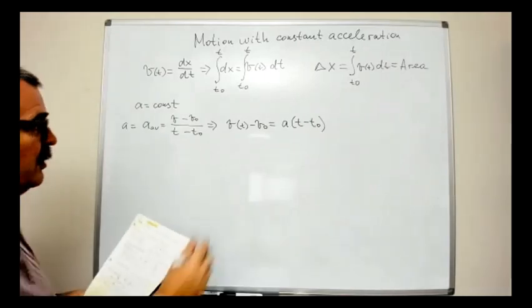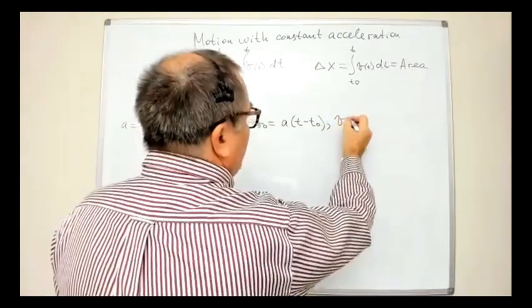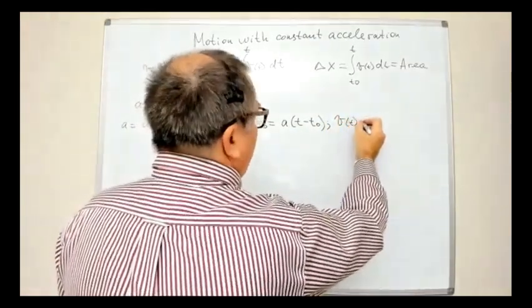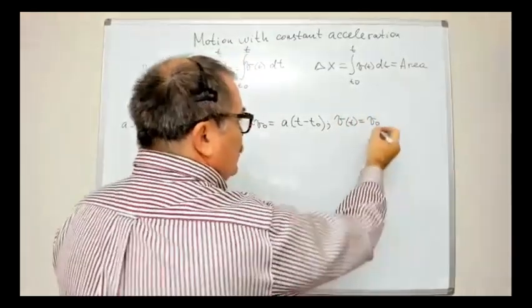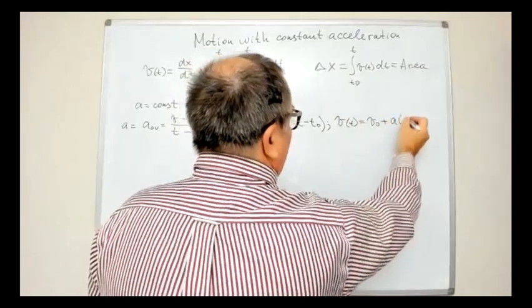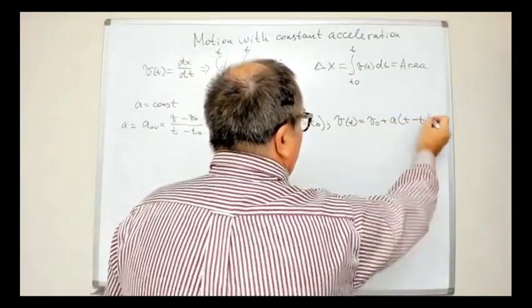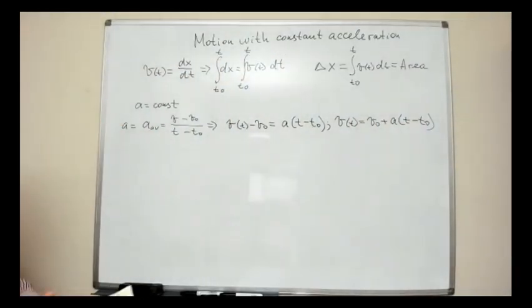And therefore, we can also write that velocity at any moment of time t is simply velocity at the very beginning, at the initial time t0, plus a(t minus t0). So this is an immediate outcome from the fact that acceleration is a constant.